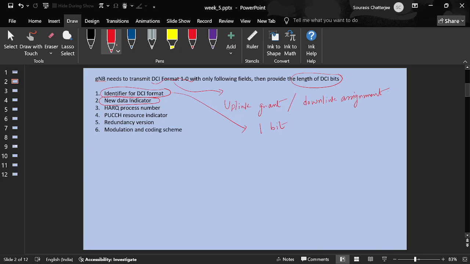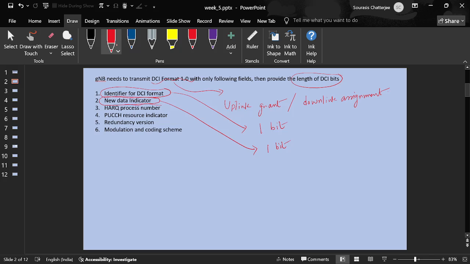So how many possibilities? Two. So how many bits do I need to specify the choice? One bit here also.